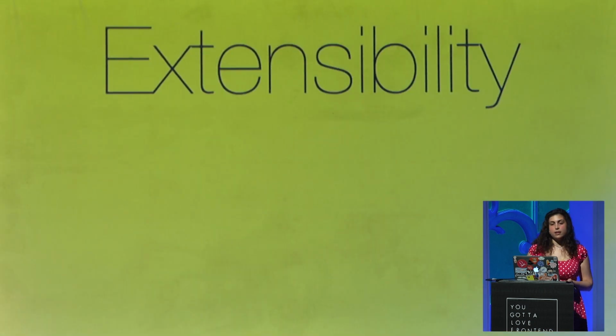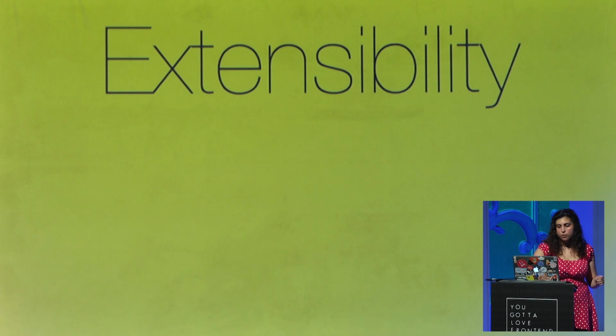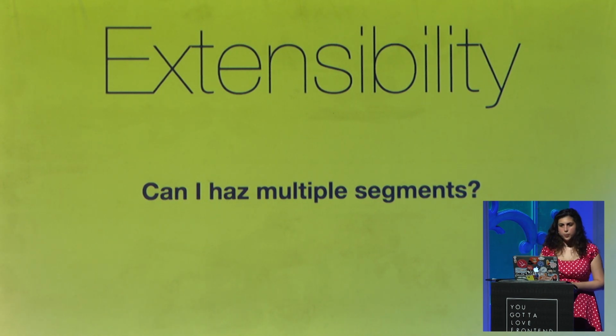Also, it needs to be extensible. And extensibility is very similar to flexibility. In this sense, I mean how possible it is to make it do things that we didn't plan for before. And this depends on the use case. In the pie charts, it could mean, could we have multiple segments? The pie chart we needed only had 1%, but what if we need to add more?